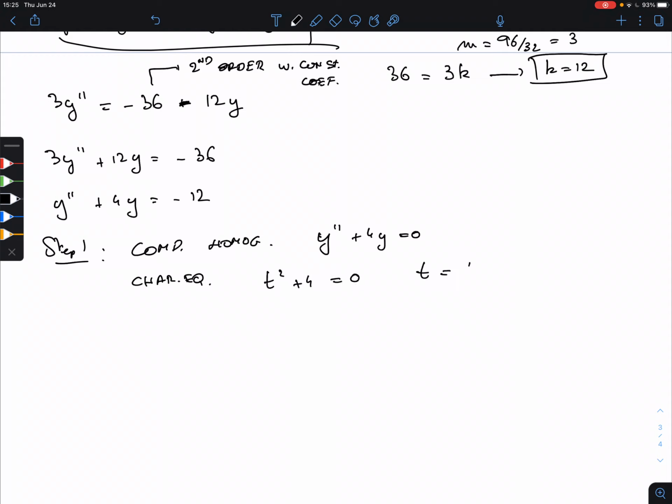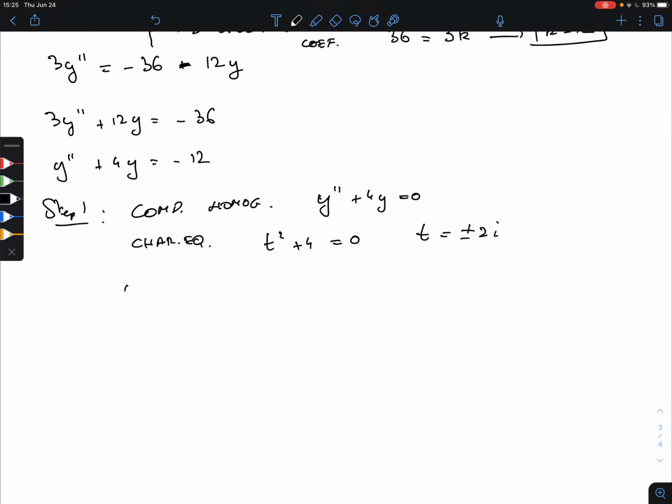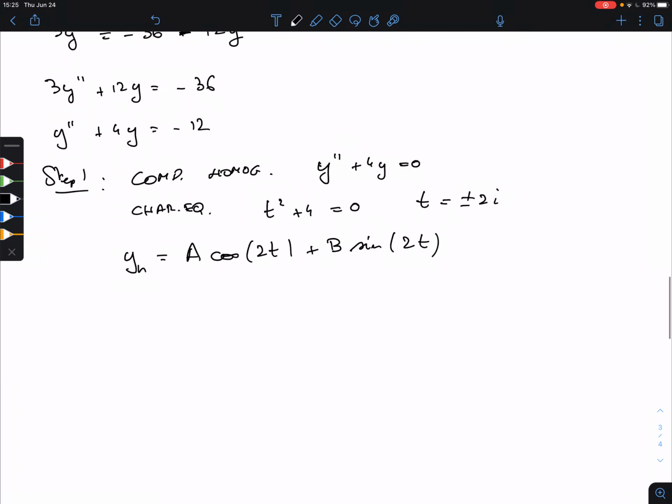So we find that t is plus or minus 2i, complex conjugates. So we know that the homogeneous solution will be a times cosine 2t plus b times sine 2t, because that's how the general solution of a homogeneous linear equation with constant coefficients looks if the roots are complex.